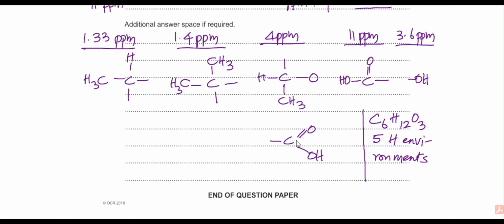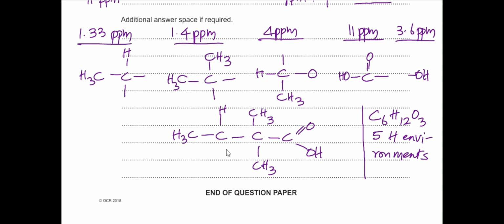Therefore, since COOH does not have any direct hydrogen here, let's stick this CCH3 here, so that will satisfy that condition. Next, let us put this 1.3 ppm piece here, so CH3. What's remaining is the OH group, so let us attach it here.